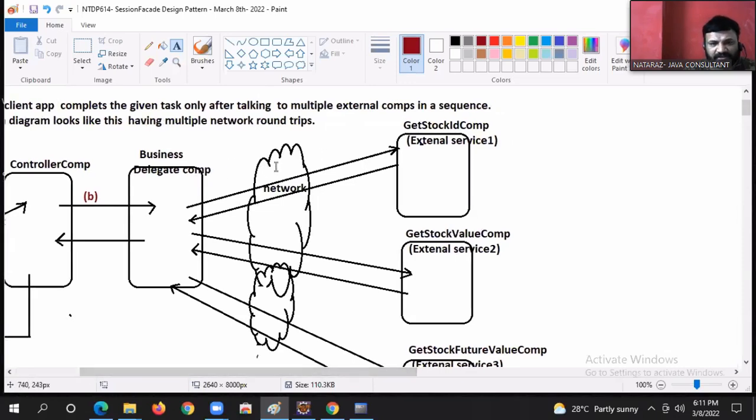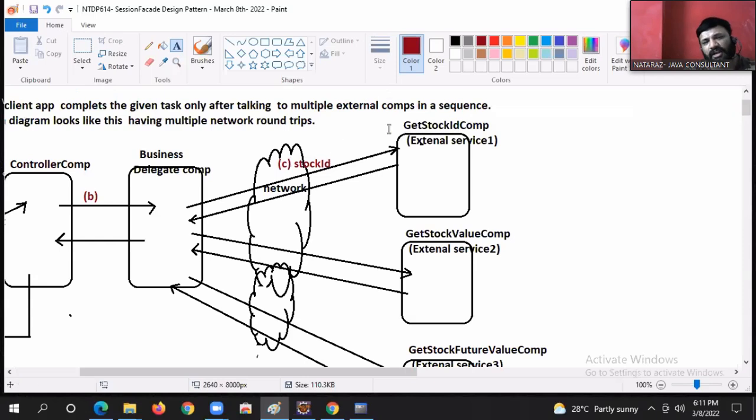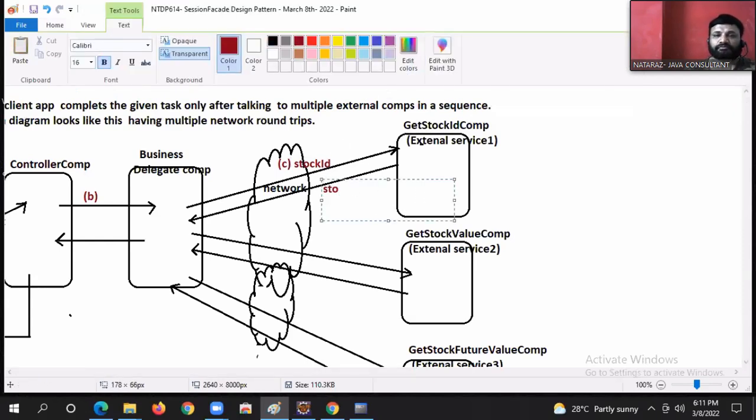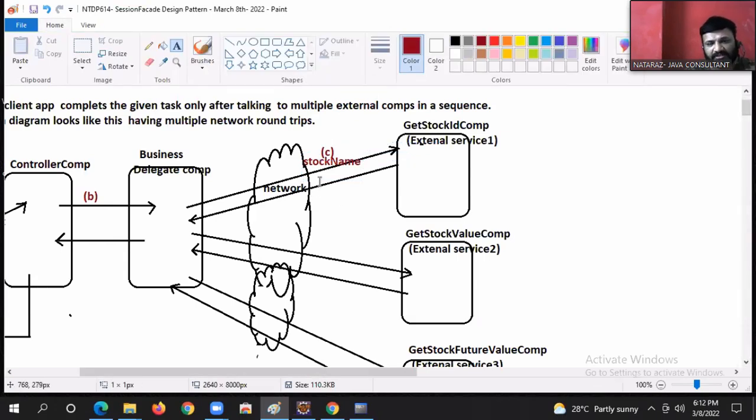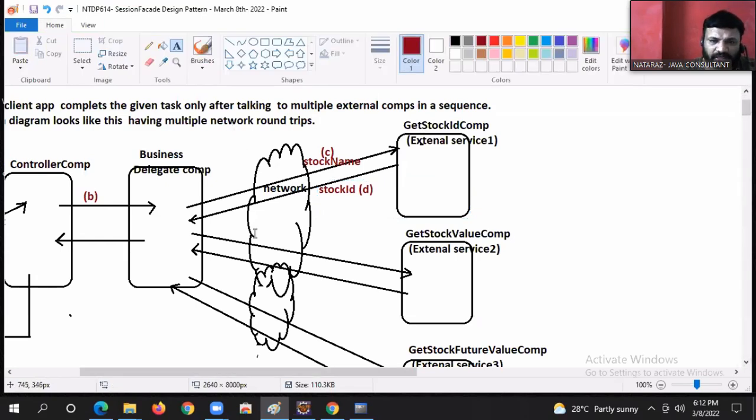C, stock name is the input value here. Next, D, stock ID is the output I get.